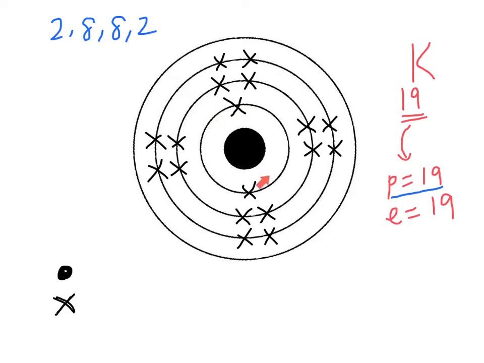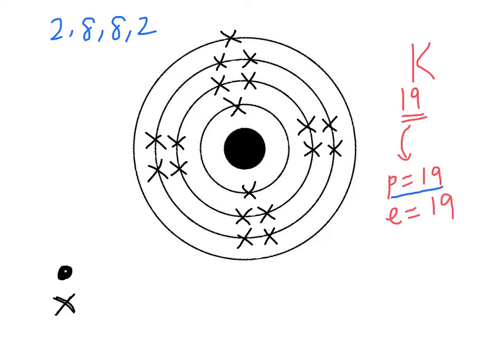So the first shell or the first energy level, I've got 2 electrons, 8 on the second energy level and 8 on the third energy level. Now so far I have used 18 of the 19 electrons of potassium. I've got 1 more to fill in now. I can put it pretty much anywhere on the last shell.